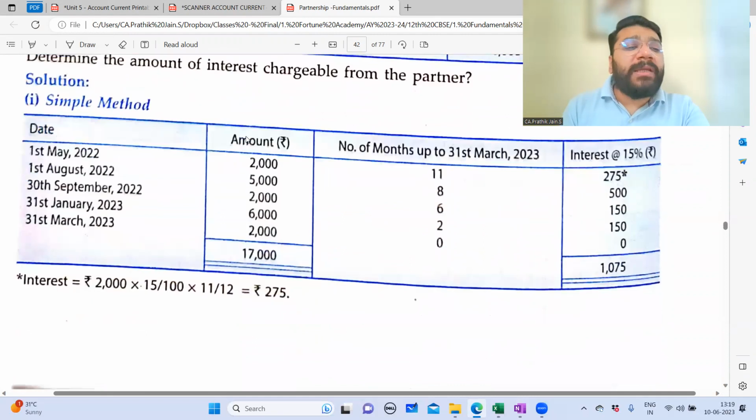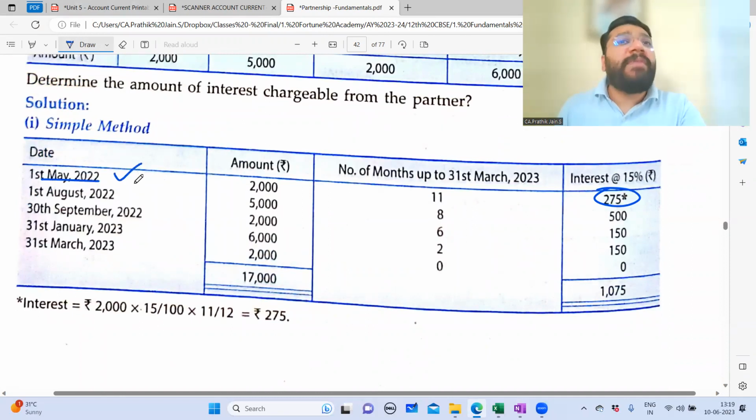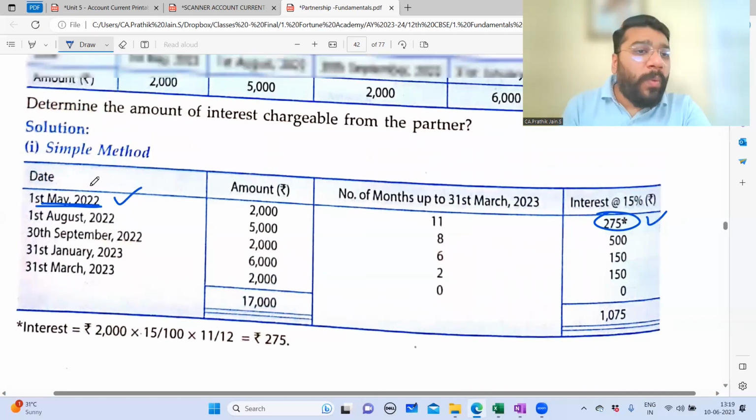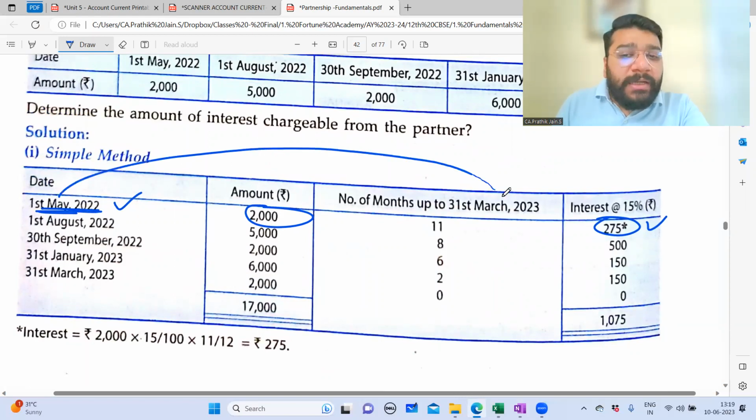So under the simple method, what happened, guys? When we calculated interest for every single time we drew the money, for every single transaction, you calculated interest. Which means on 1st May 2022, one partner withdrew 2,000 rupees. From 1st May to 31st March, how many months? 11 months.